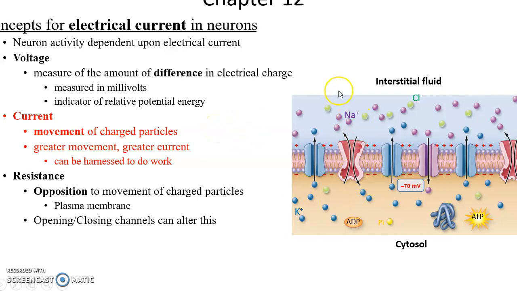The greater the movement, the more stuff moving across, the greater the current, which can then be used to generate work. Resistance is the opposition to the movement of charged particles. Primarily, this resistance comes from the plasma membrane, which doesn't allow charged particles to cross it, except at channels and pumps. And so the opening and closing of channels can increase or decrease the resistance in any particular segment of plasma membrane.